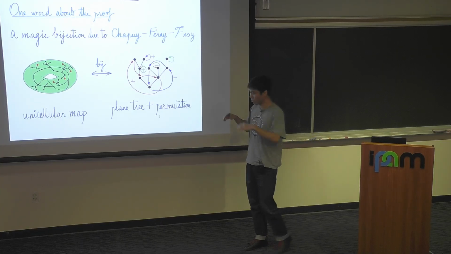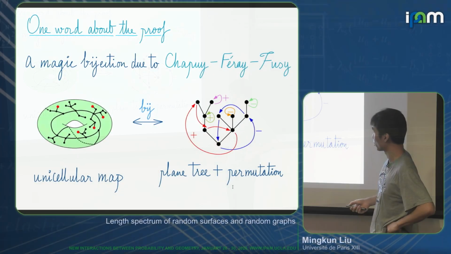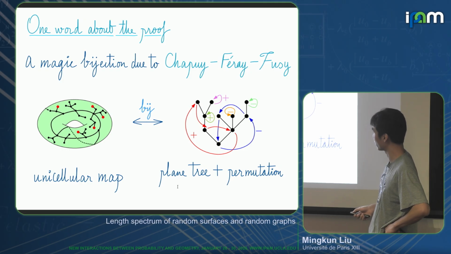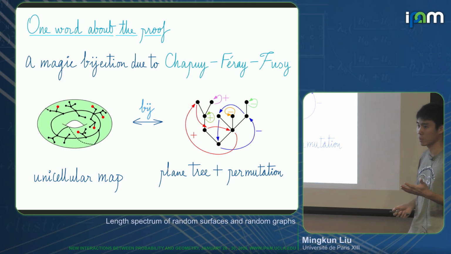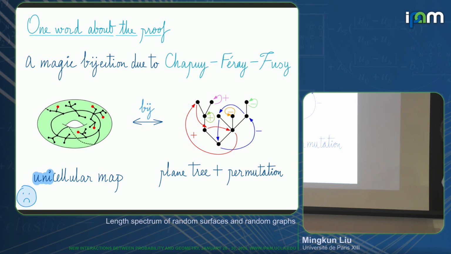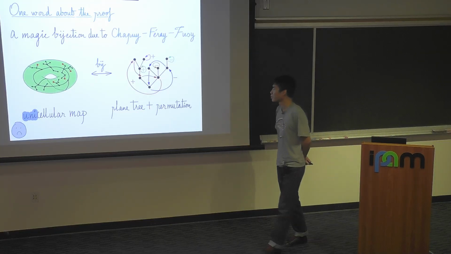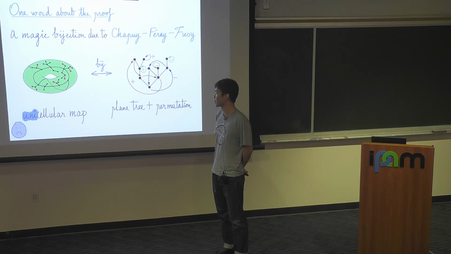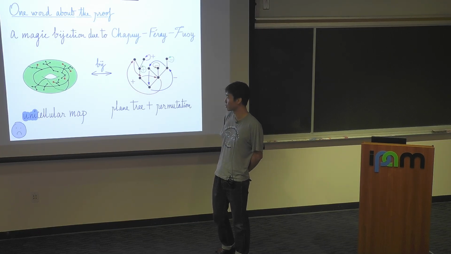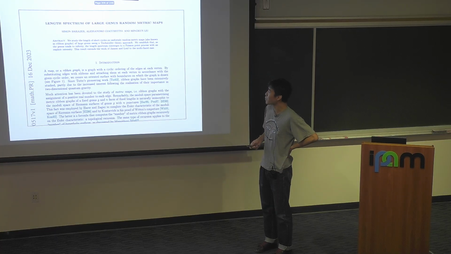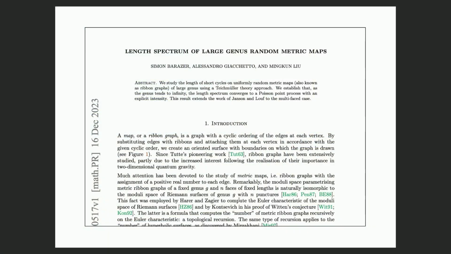And so very, very roughly speaking, what they did is they used this bijection to transform this problem about unicellular maps to a problem about random trees and random permutations that we understand much better, and they solved the problem here. But the only issue, or it's not a problem, but the feature here, is this bijection breaks when the number of faces is not 1 or 2. So finally, I will just say a few words about our work.